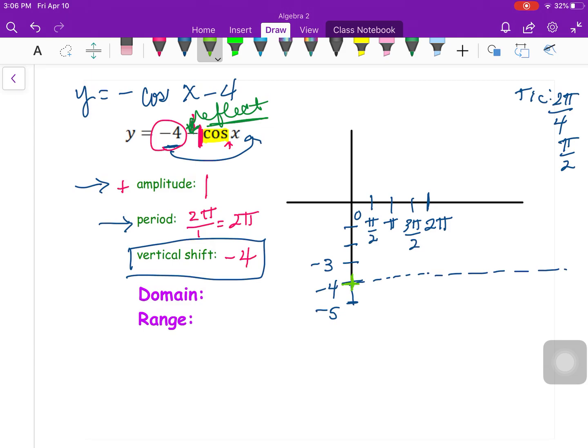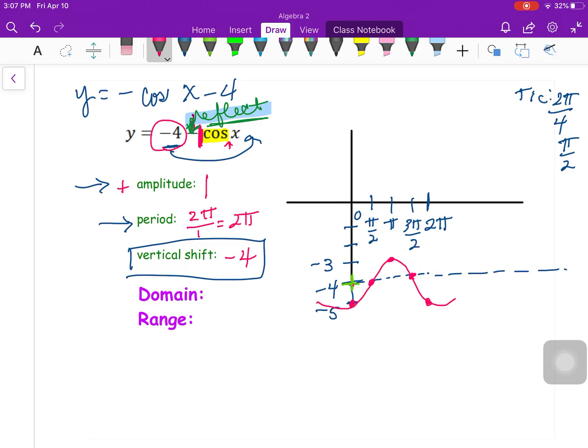Here is my new axes. But I need to reflect that up 1. So reflect of up 1 is down 1. So I'm going to plot down 1. Then I come up to my midline, up 1, back to my midline, down 1.